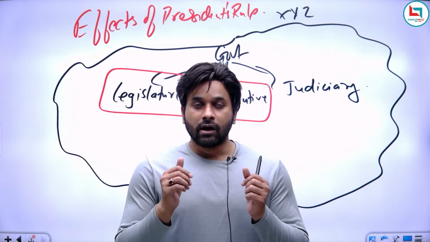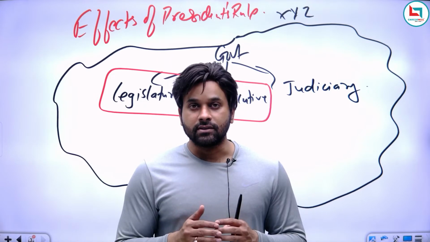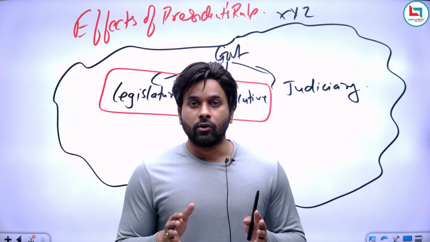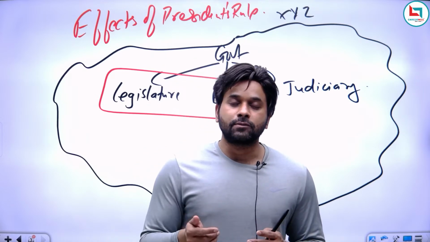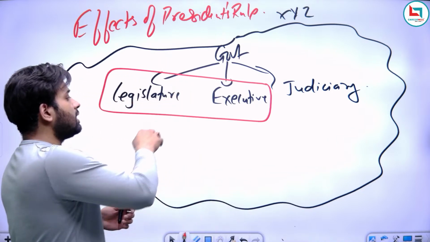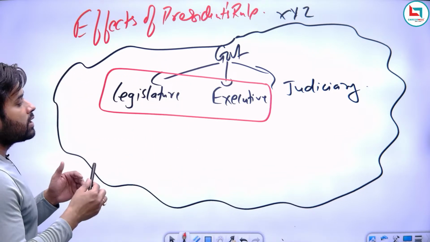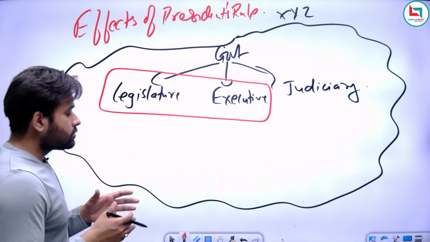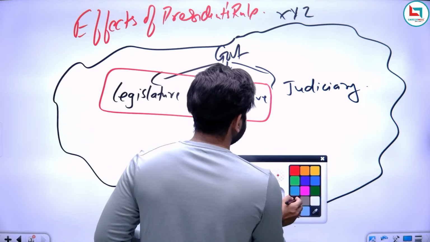So on the judiciary as well as on citizens, there will be no effect. Fundamental rights are not suspended during President's Rule. So the effect is only on the legislature and executive. Now what is the exact effect? The exact effect is simple.